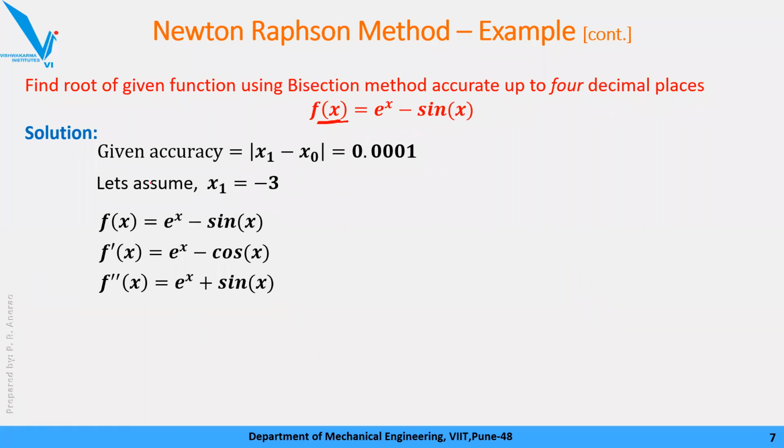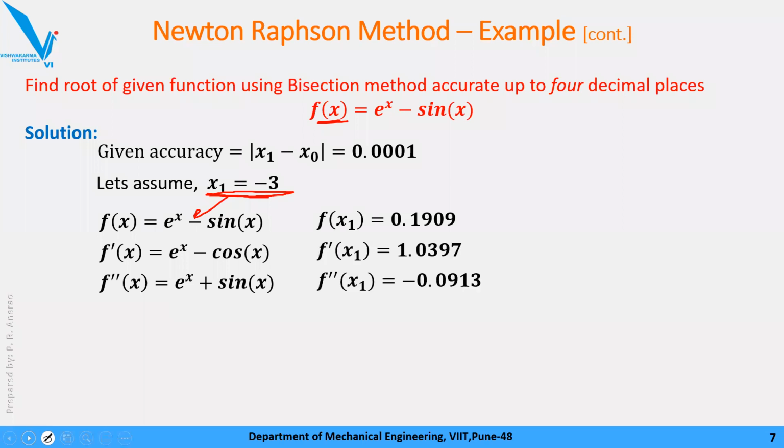Then what we are going to do is put this initial guess in f of x, f dash of x, f double dash of x, and evaluate all three functions. You will get some values. Put all the values in the calculator and find out how much is f of x1, how much is f dash of x1, how much is f double dash of x1.